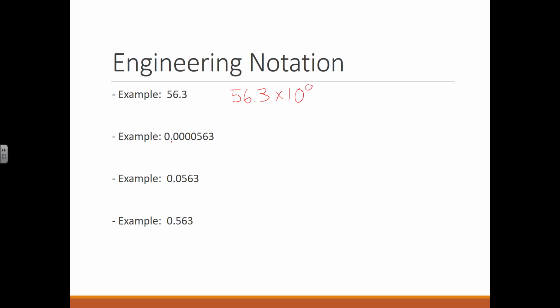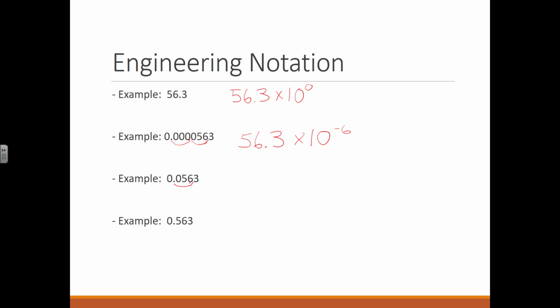Now we're going smaller, but same idea. 1, 2, 3. I'm going to move again though. 1, 2, 3. Right now I'm good because with my decimal at 56.3, I have this between 1 and 1,000. So when I move 1, 2, 3, 4, 5, 6, it's a really small number though, so it's -6.